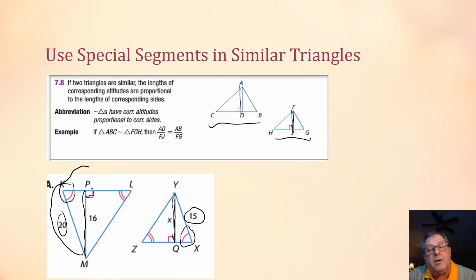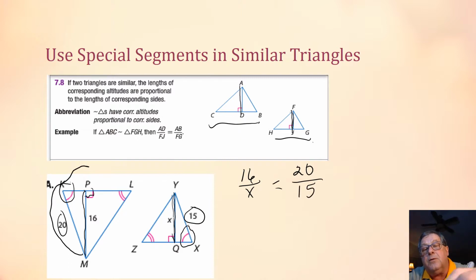We start with the proportionality of the altitude: 16 over x is equal to, since I started with 16 over here, the side length KM, 20 over 15.